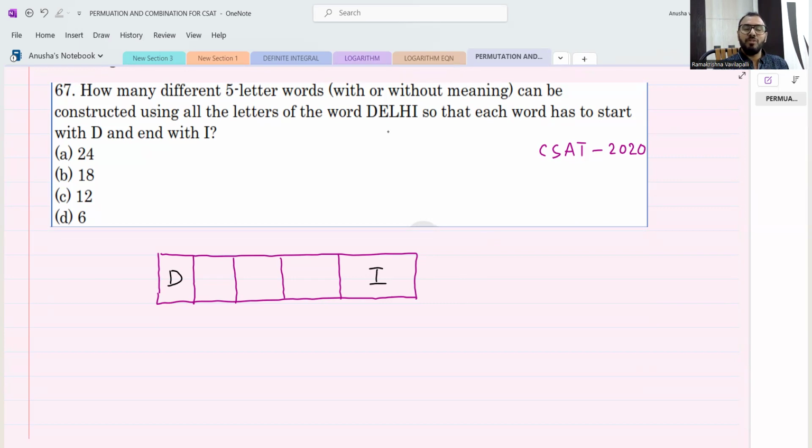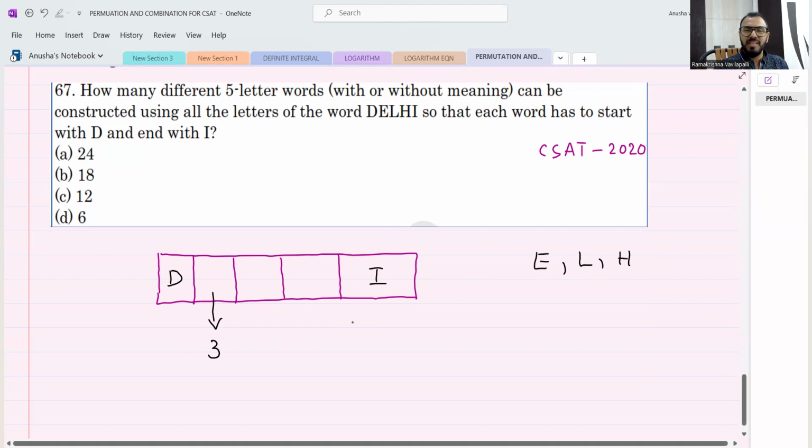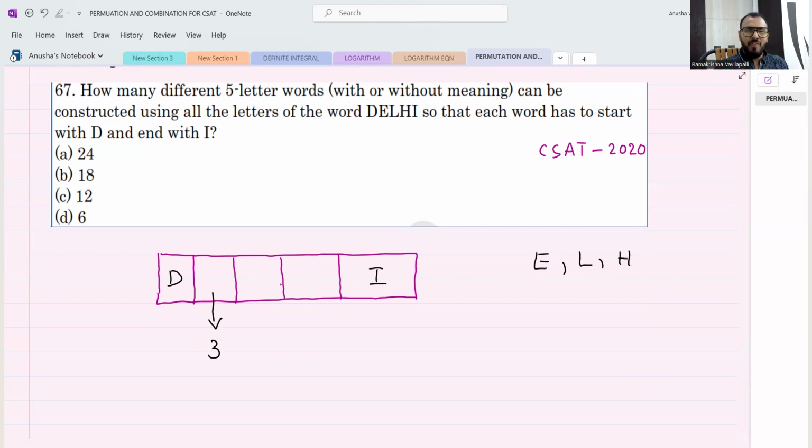Well, now there are only three letters left: E, L, H. Now you see, the second box can be filled in 3 ways, either E or L or H. After filling that box, there are only 2 letters left, so the next box can be filled in 2 ways.